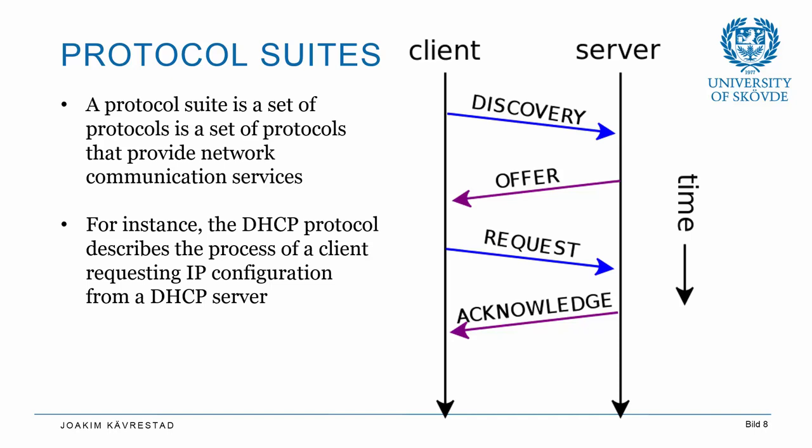And you can just see a small diagram here showing that there are a few steps of communication between the client and the server before this transaction can be complete. So when a client wants IP configuration, it sends out a discovery message. The server responds with an offer. The client sends back a request and eventually receives an acknowledgement.